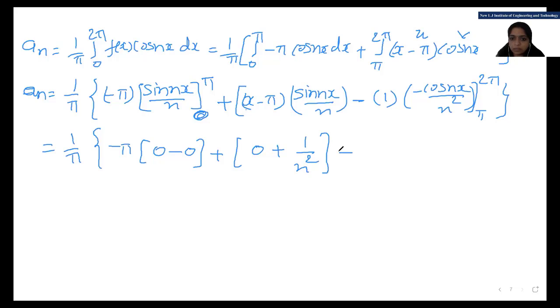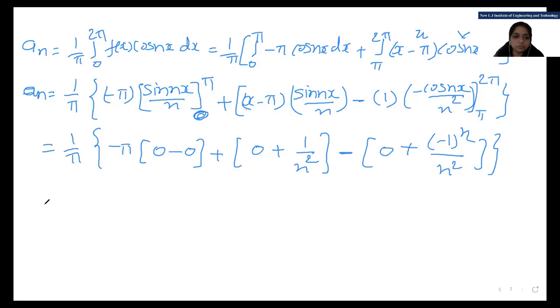Now minus. Now I am going to apply the lower limit. So pi minus pi is 0 and sin n pi is also 0. So this one is 0. Minus minus plus, right? Now cos n pi is minus 1 raised to n upon n square, right?